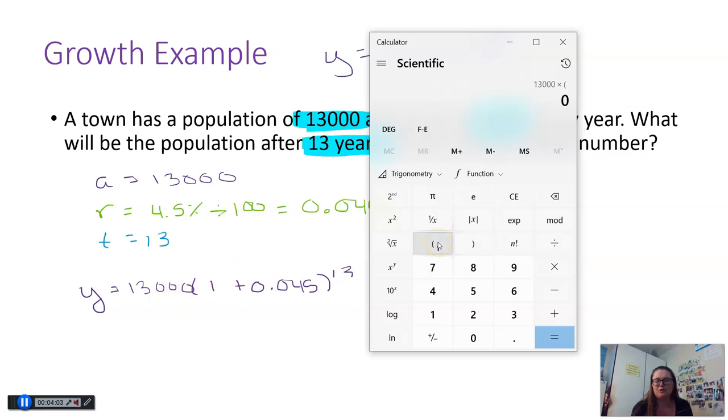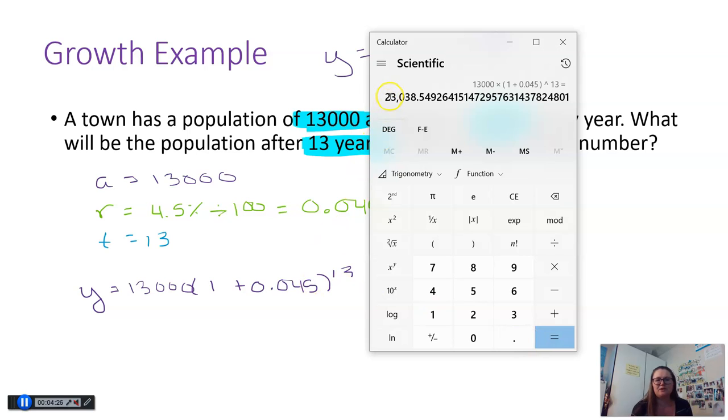It doesn't know that if you put it next to the parentheses you mean times, so make sure you put that in there. 1 plus 0.045, close the parentheses. This little button right here with the x and the y is going to be your to the power of 13. And then just click equals.